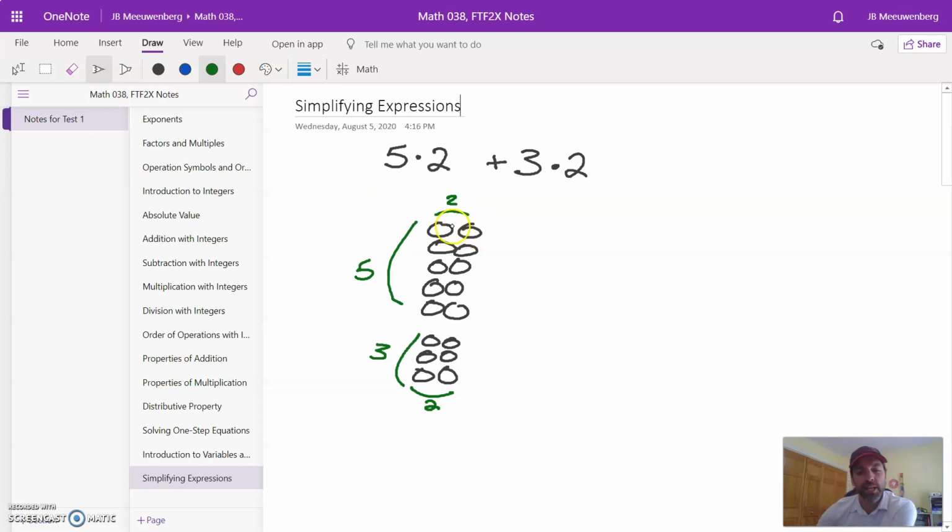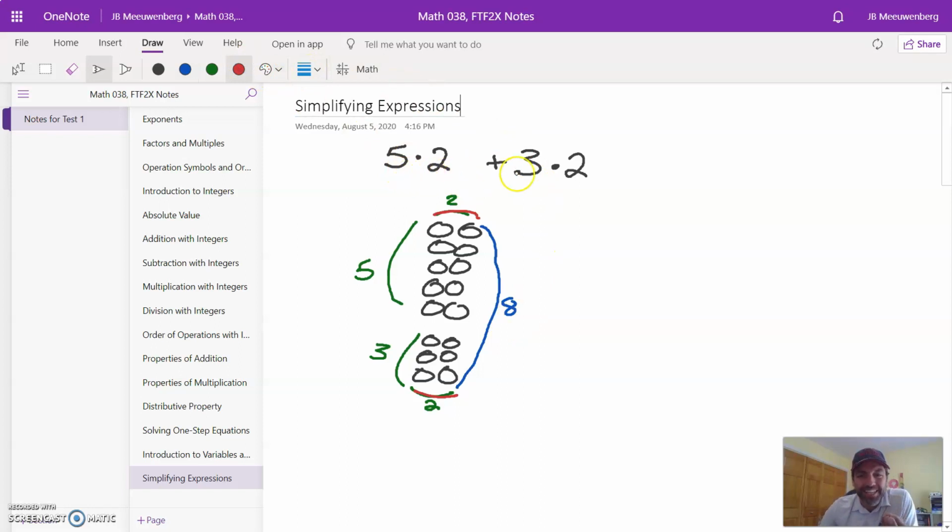Well, since the widths of these little rectangular figures are the same, right? They're both 2. This is 2 and this is 2. Couldn't we also look at this as just 8 by 2?